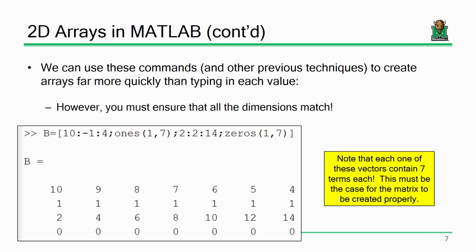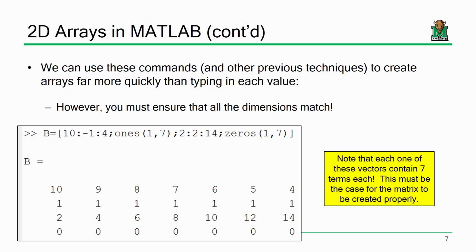And so it goes 10, 9, 8, 7, 6. And so we're creating a matrix. In the first row, we have that kind of abbreviation for just do everything in between the two bounds at a given spacing. And then for the second row in this matrix, you can see we've given the command do a ones, where you've got 1 row and 7 columns.